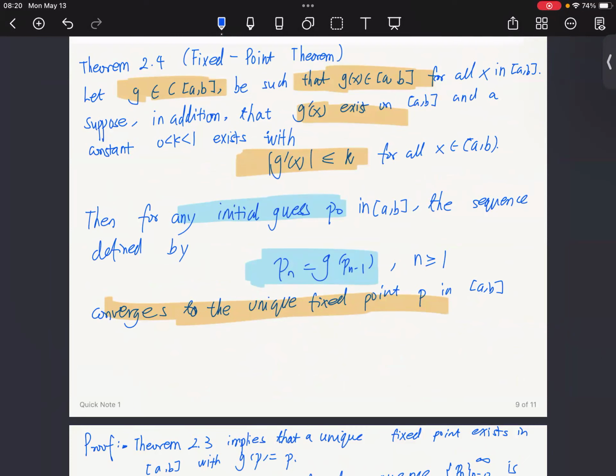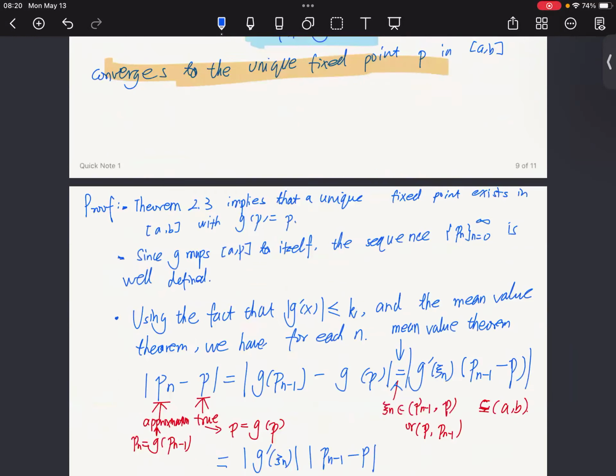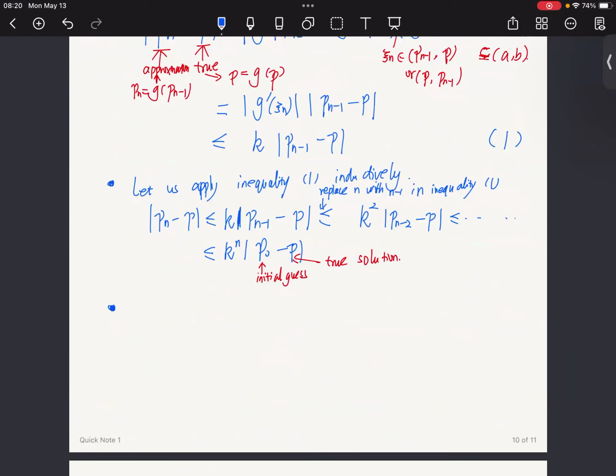The K constant is a positive number, but it's smaller than 1. So this is also one restriction on the constant K. And so we have the limit of K to the n.